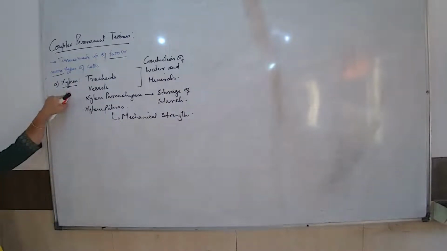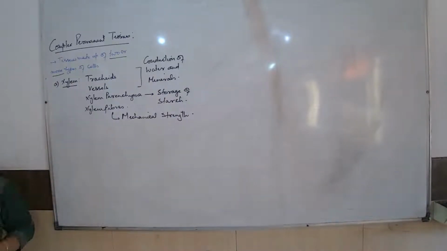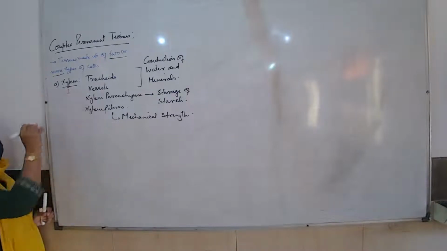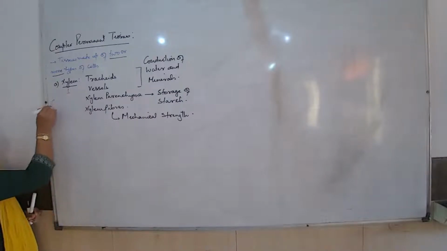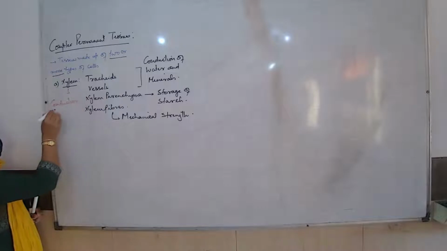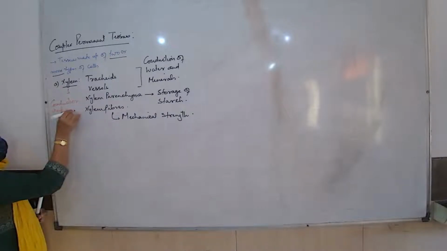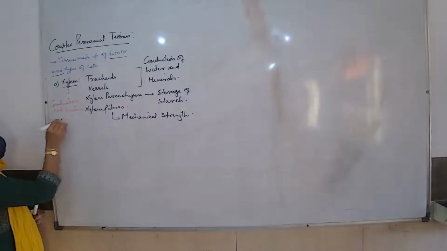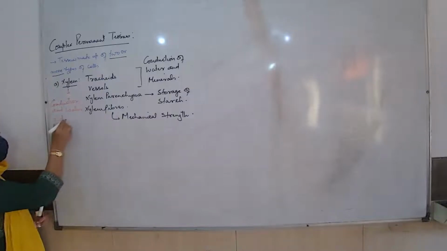Whenever you are supposed to write the function of xylem, remember that xylem is a type of vascular tissue. The common function of xylem is the conduction of water and minerals from the soil to the upper parts of the plant.